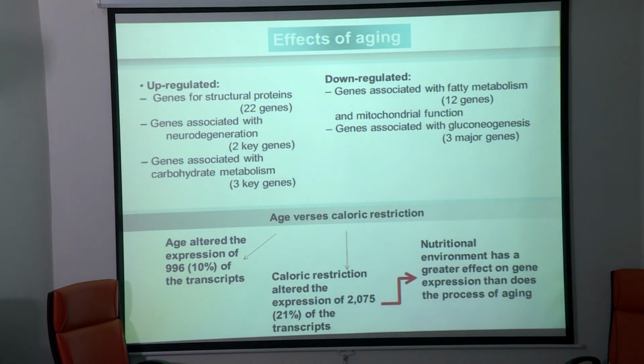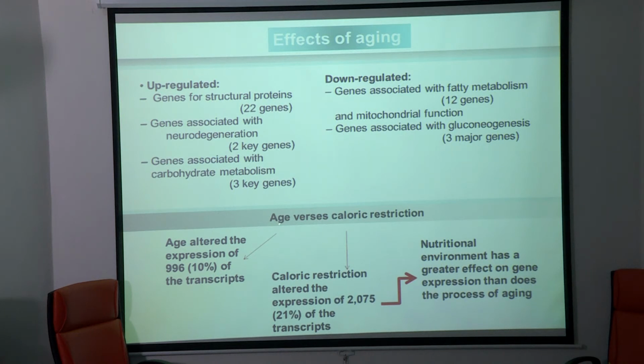Studies have indicated that as we age, the transcriptome has shown that the genes for structural proteins, for neurodegeneration, for carbohydrate metabolism, they show an upregulation, whereas fatty acid metabolism and mitochondrial function and gluconeogenesis, they get downregulated.